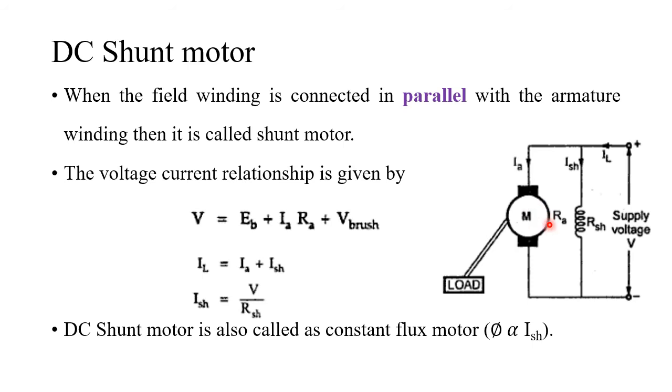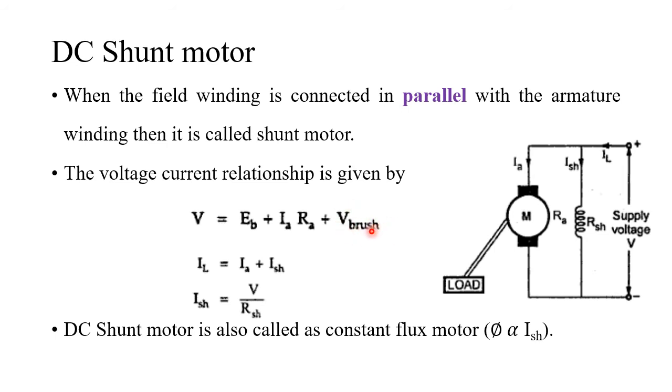DC shunt motor. Here you can see that this is the field winding, which is connected in parallel to the armature of the motor. Hence it is called a DC shunt motor, and the voltage-current relationship is given by this: the terminal voltage is equal to the back EMF in the armature plus the voltage drop across the armature, that is IaRa, plus the voltage drop across the brush.